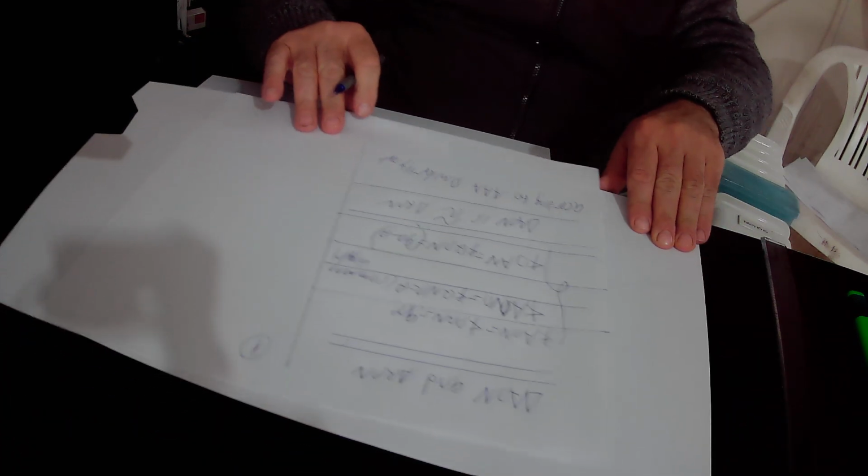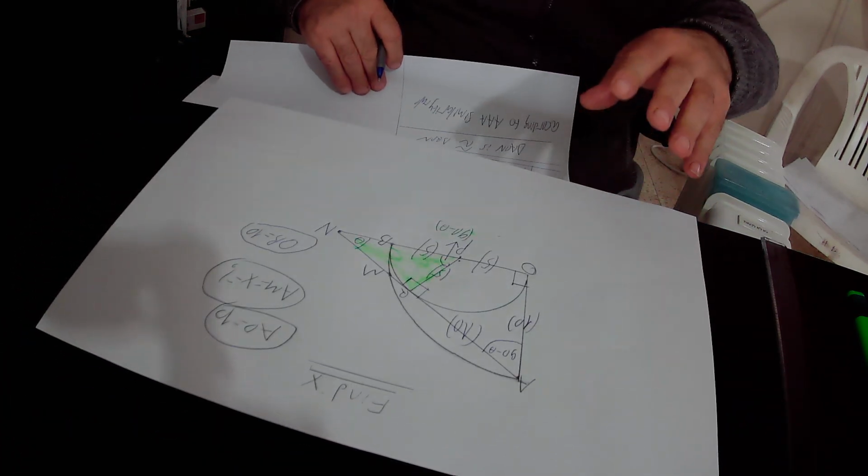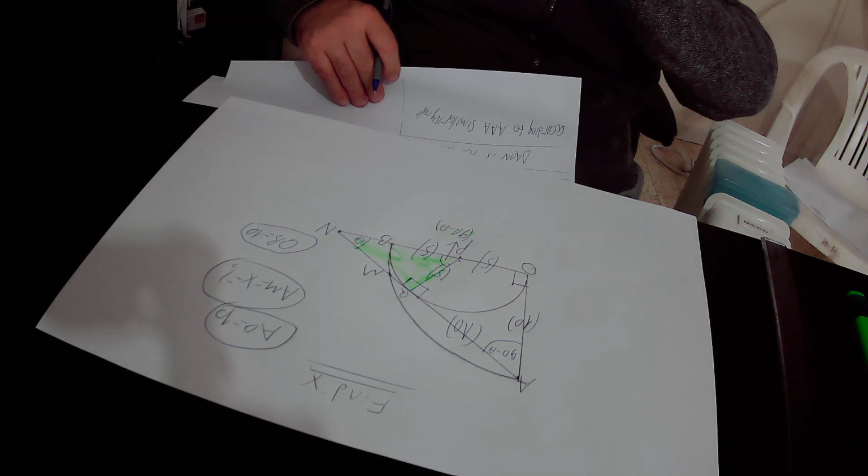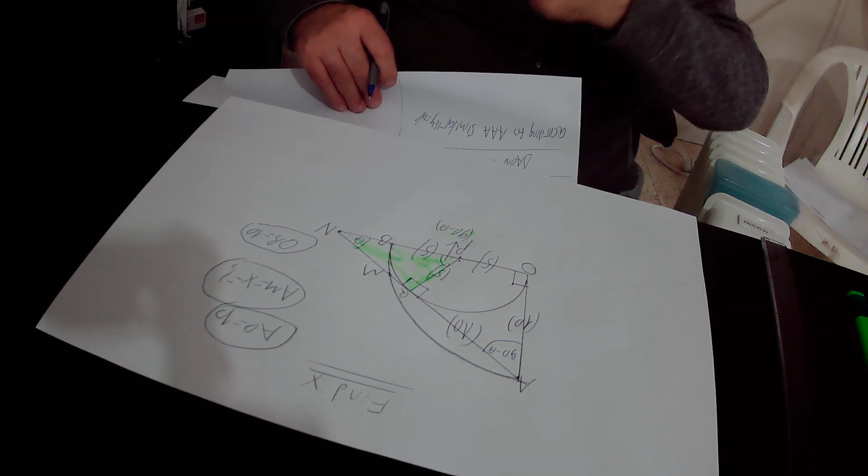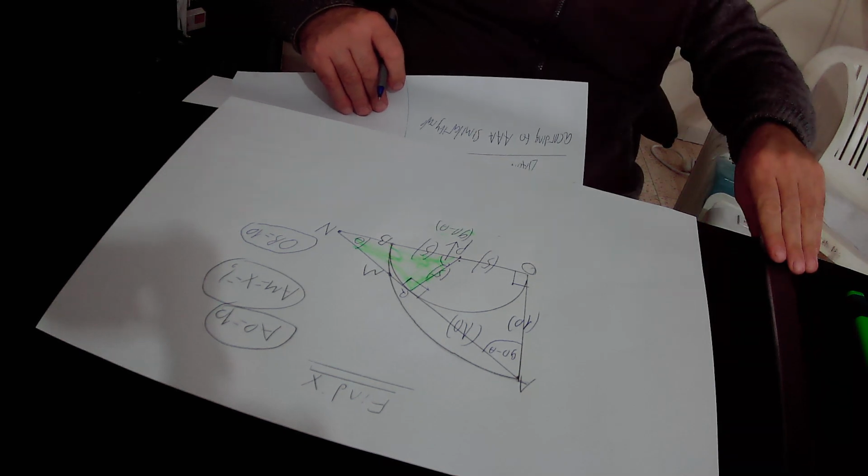And from the fact that the big triangle AON is similar to the small triangle QPN, we derive that the following relationship exists between their sides.